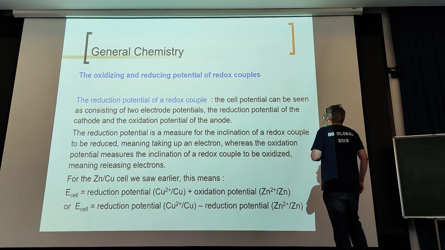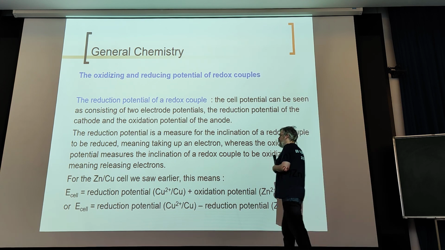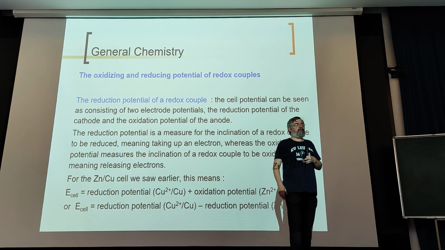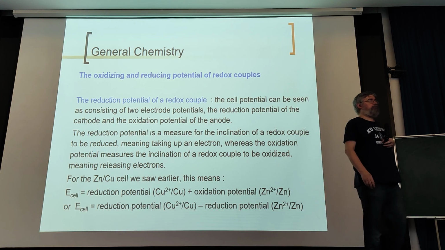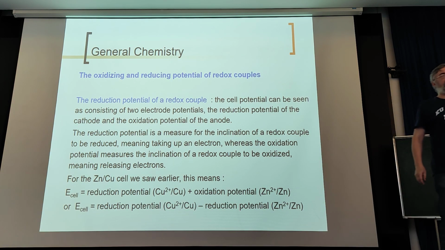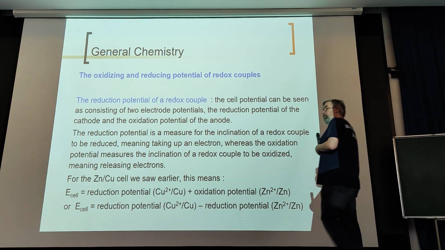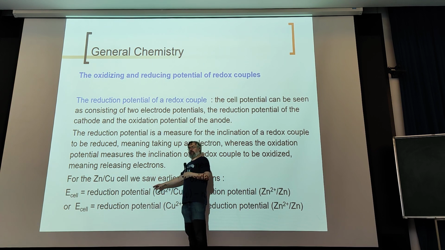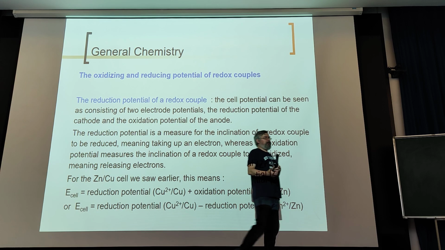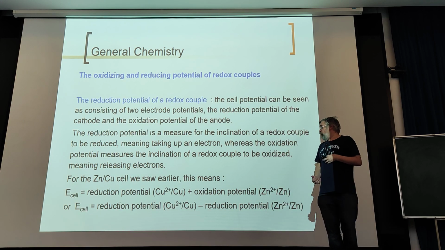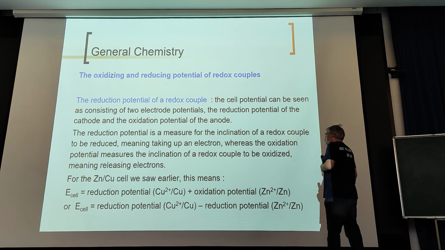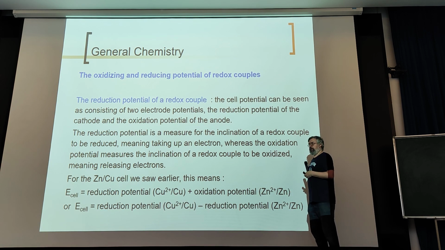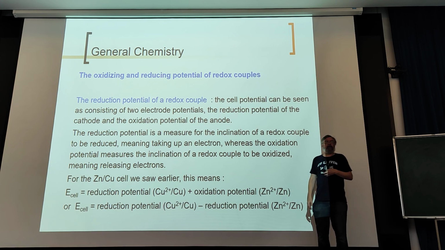So in the reaction between copper 2+ and zinc, we reduce copper 2+, so we could discuss the reduction potential of copper 2+ to copper. And at the same time we oxidize the zinc, so we could add the oxidation potential of zinc to zinc 2+.